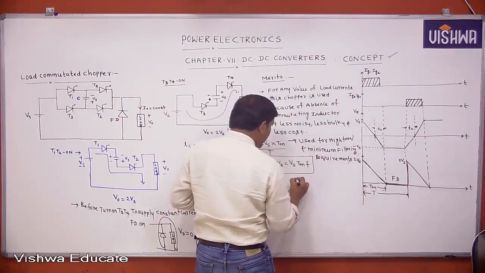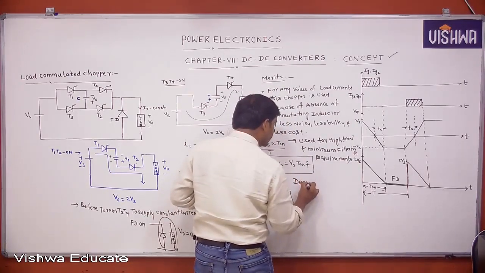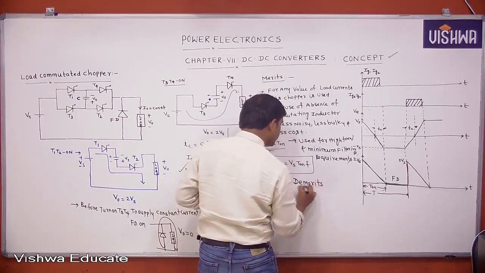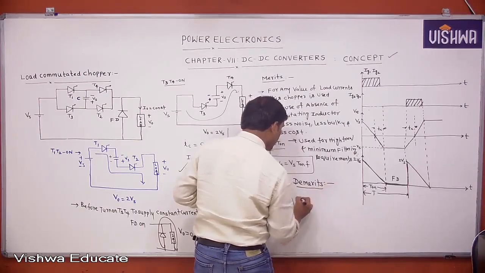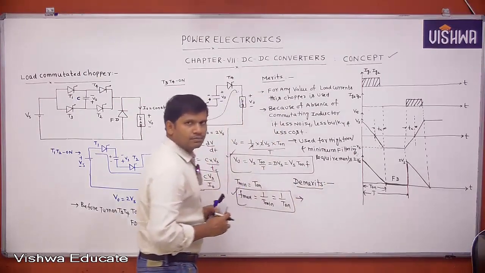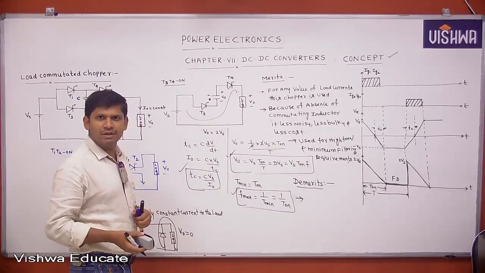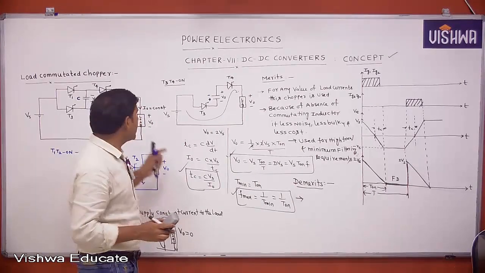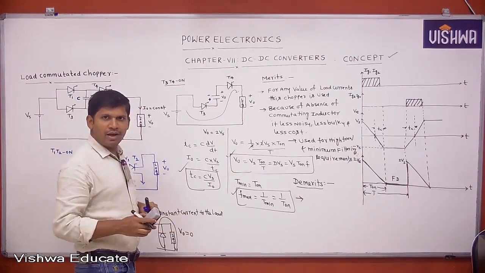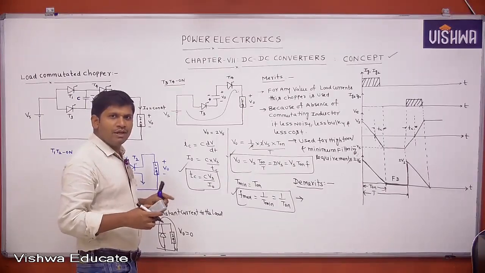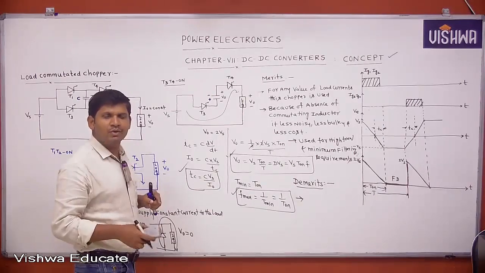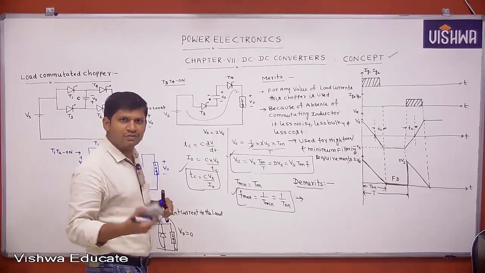But what are the demerits of this chopper? One of the demerits is, if it is used for high power applications, it offers less efficiency because of high switching losses. Each time how many thyristors are conducting? 2 thyristors are conducting. It offers high switching losses.